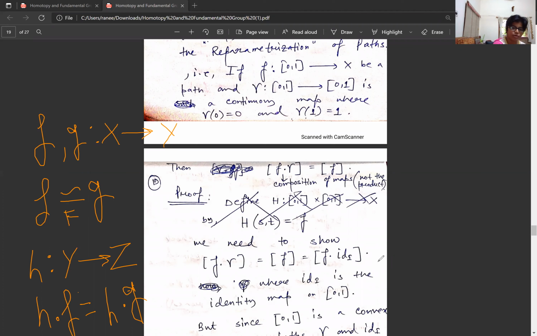What will be the homotopy? It is very easy to see: it's h composed with the homotopy F.